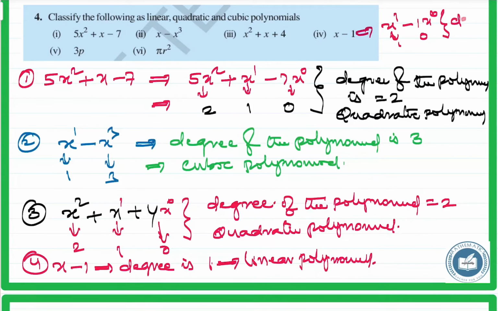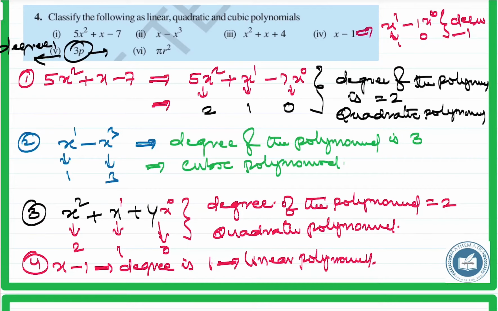So 1, 0. So the degree is 1. So linear polynomial. Next, 3p. The degree of 3p is 1 only. So therefore linear polynomial.